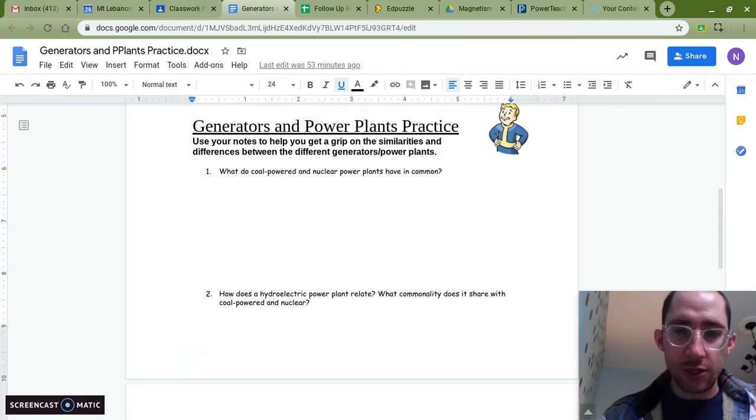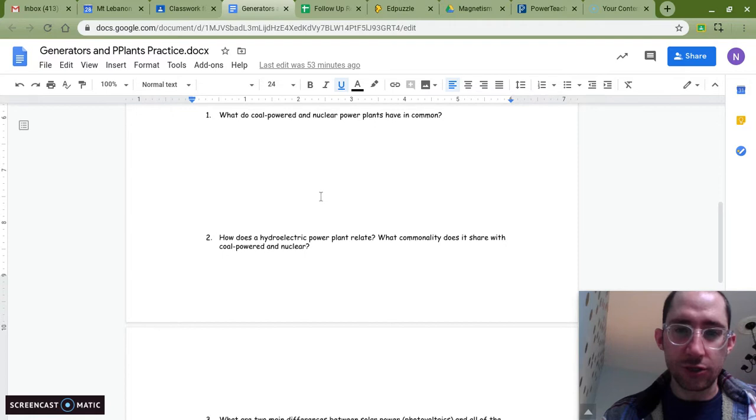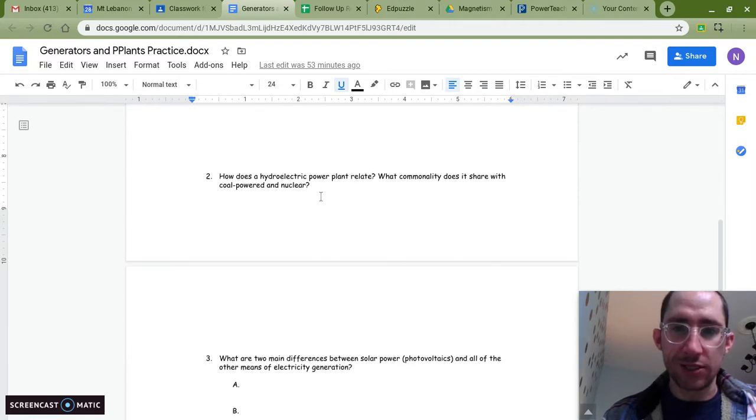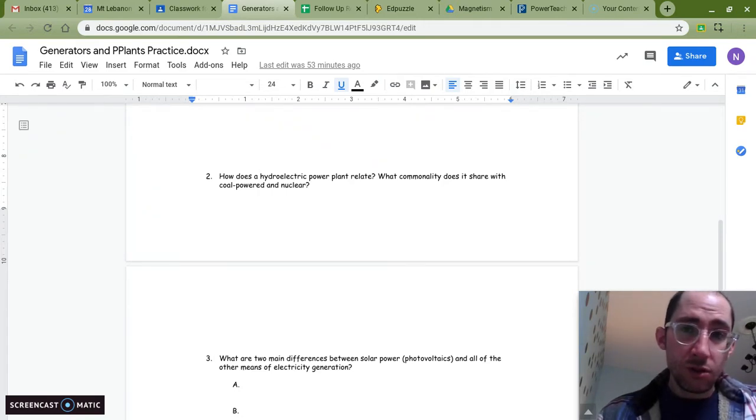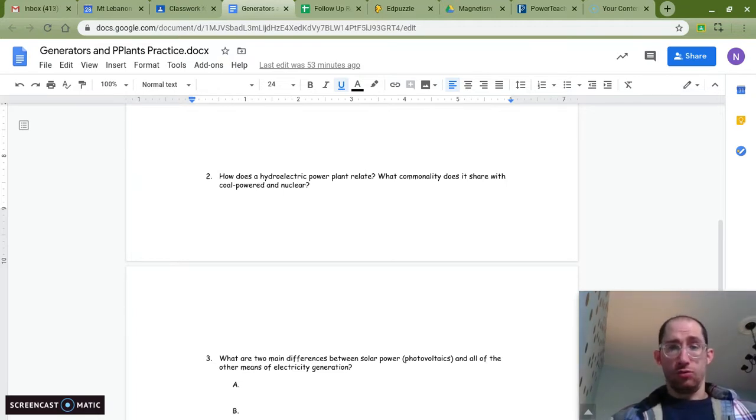Number two, how does a hydroelectric power plant relate? What commonality does it share with coal-powered and nuclear? Does hydroelectric also use steam? No. Hydroelectric uses water, though. So all three use water. Keep in mind, steam is superheated water.